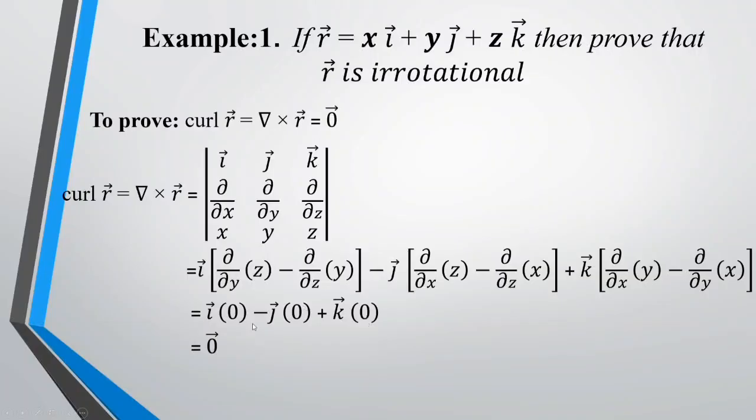So we'll get minus j vector into 0. Likewise, k vector into 0. So altogether we get 0 vector. So our condition for irrotational is satisfied. We get curl r is equal to 0. So the vector r is irrotational.